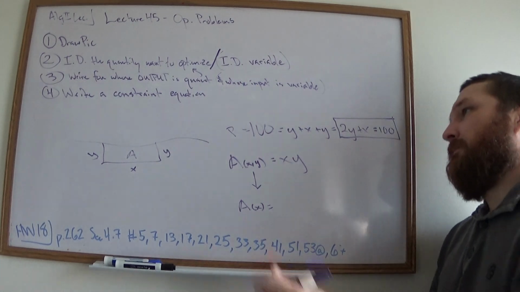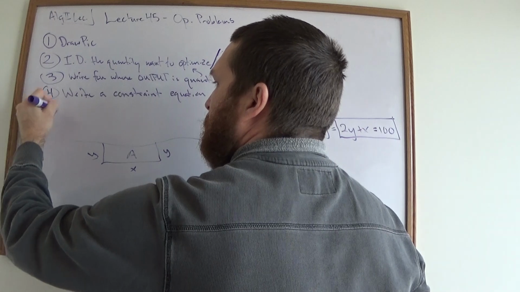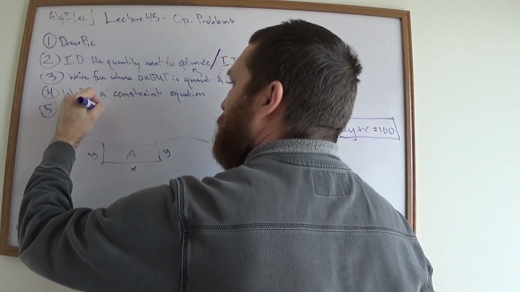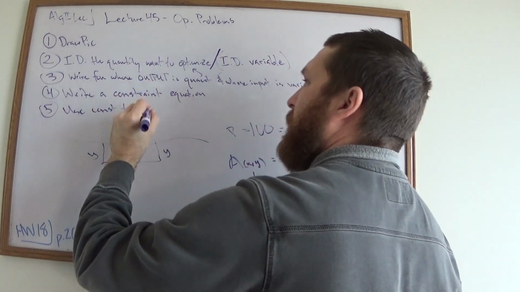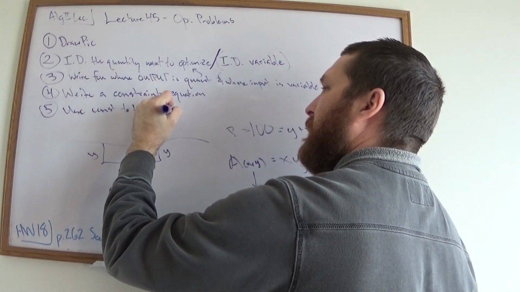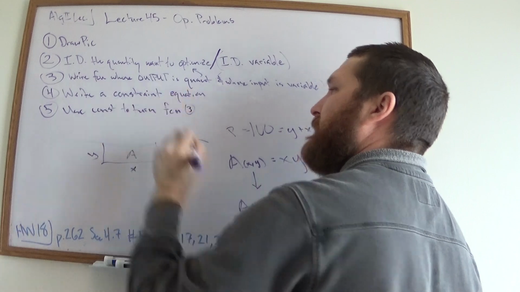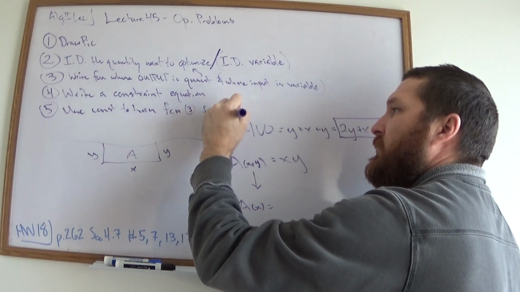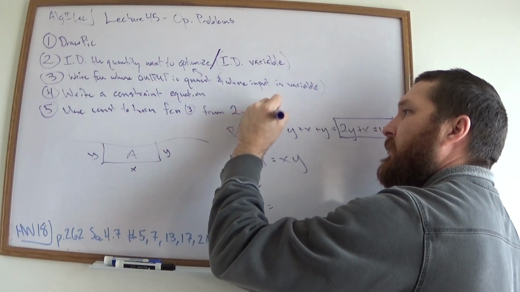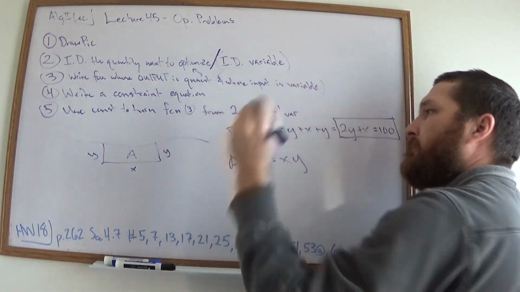Okay, so step 5. Use the constraint to turn your function from step 3 from 2 variables to 1 variable.